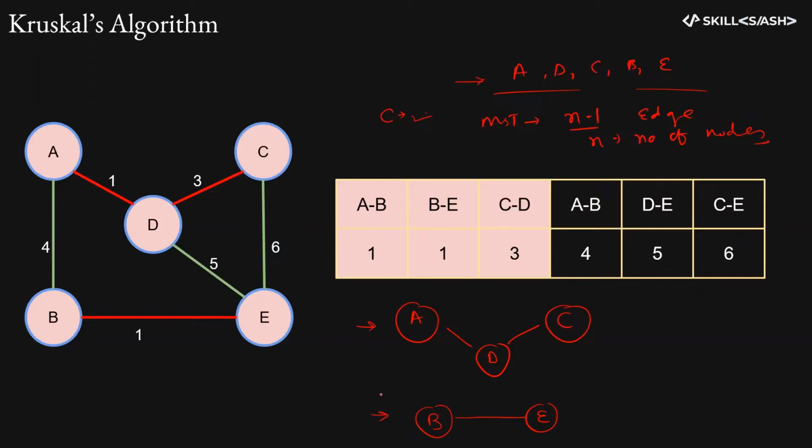So to create a spanning tree, which is a subgraph of the given graph, we have to add one edge such that both are connected, and we can do it in any way. Either we can connect AB, DE, or CE, any one. But the least weight among all is of AB. So we'll add AB into the minimum spanning tree, and the final spanning tree which is generated is our final minimum spanning tree. Make sense?